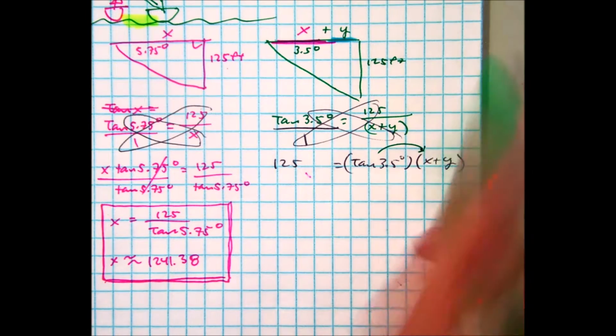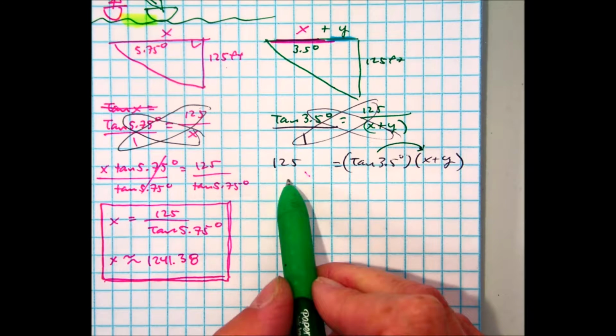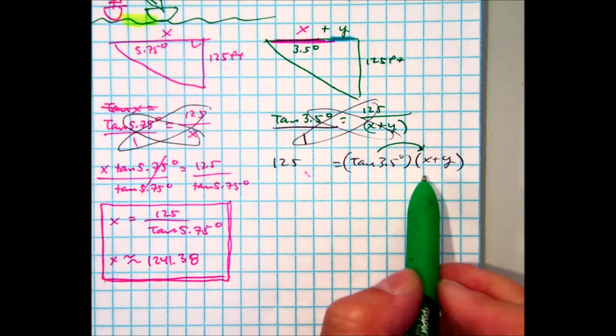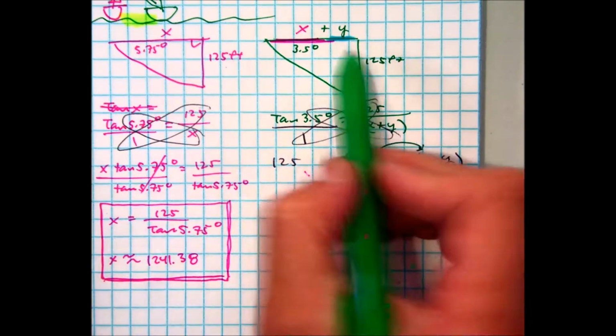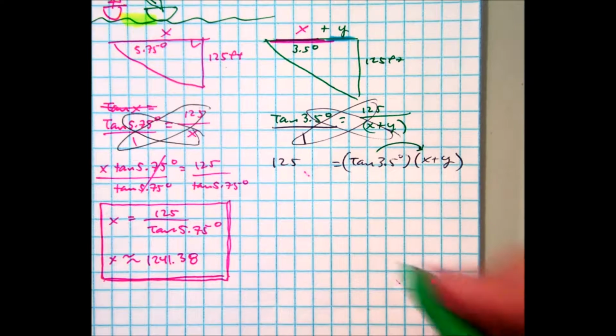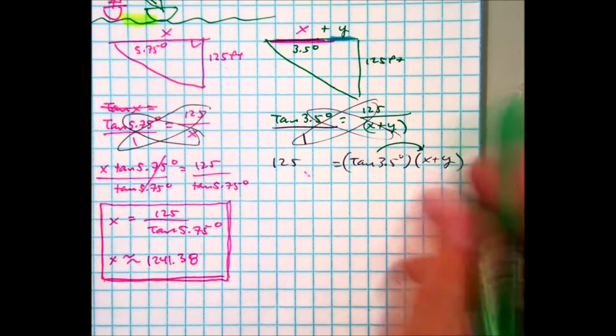I could divide both sides by tangent 3.5 and then subtract to solve for x or y. I could do that because I'm trying to find just y. We could do that. You guys want to try that way? I wanted to show you guys what we did yesterday to be consistent, that's all.